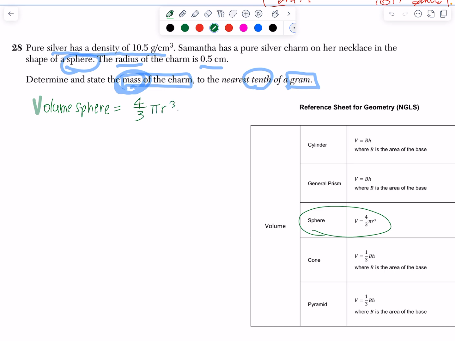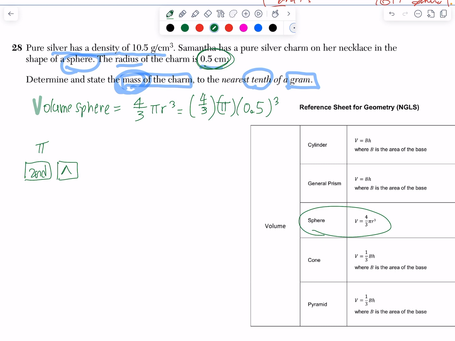And so I'm going to plug in the information: 4/3 pi times radius to the third power. Remember, this is the radius. Whenever you're putting pi in the calculator, you press second and caret to get pi.